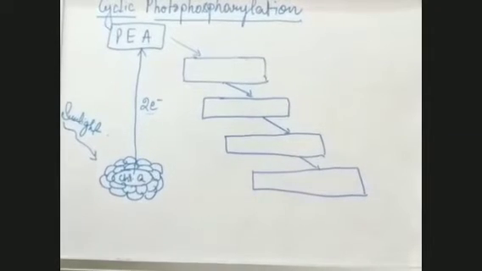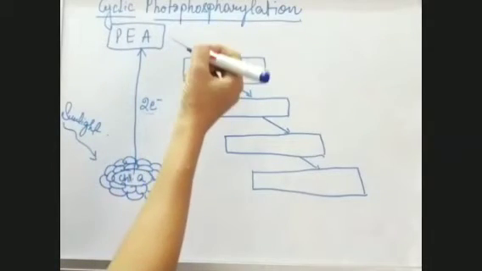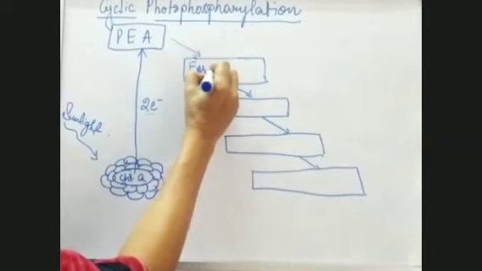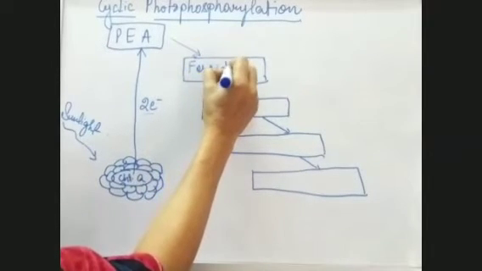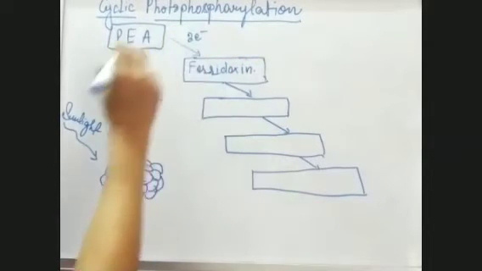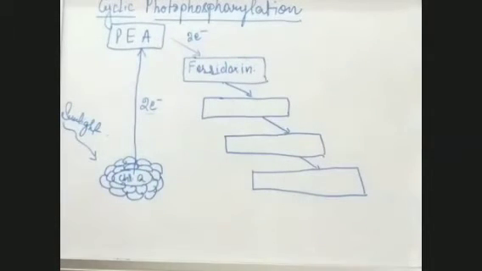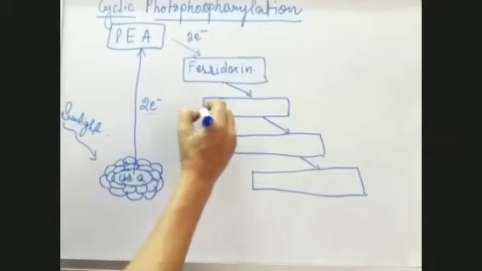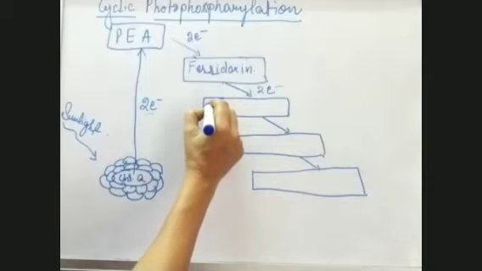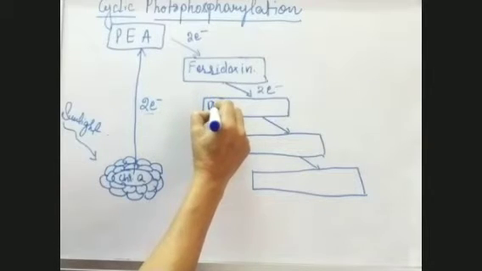Now what are these complexes? Let's name them. The first is ferredoxin. So this pair of electrons, after coming downhill, is received by ferredoxin. The second complex to which the pair of electrons travels is plastoquinone.